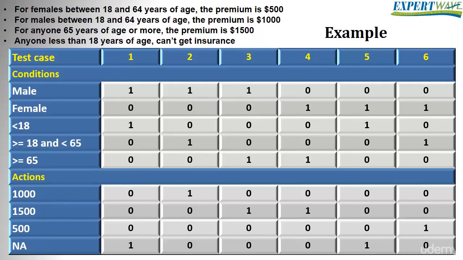And remember, test cases contain actual data. So we're going to try 16 as representative for the first column, John 40 as representative for the second column, and so on. We have Sam 70, Joanna 66, Linda 14, Sue 32.